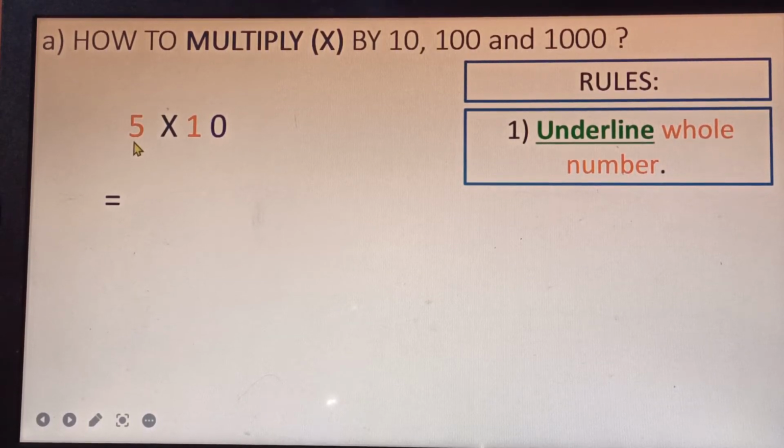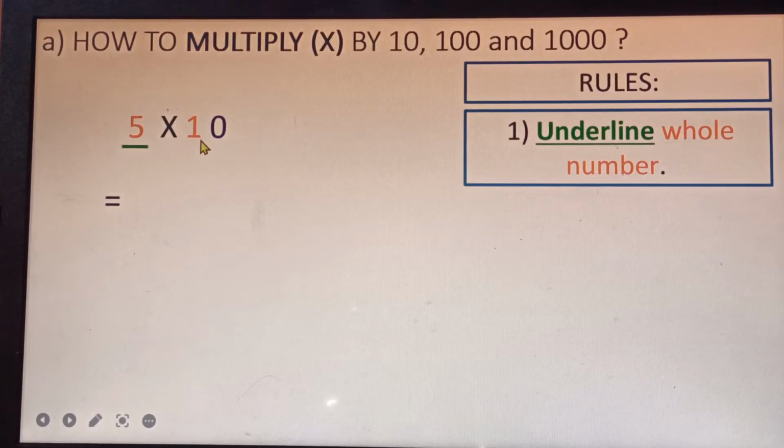Is 5 a whole number? Yes. And the other whole number is 10, but teacher ambil 1 as a whole number. So teacher gariskan yang selain dari 0. So here teacher underline 5 and 1.